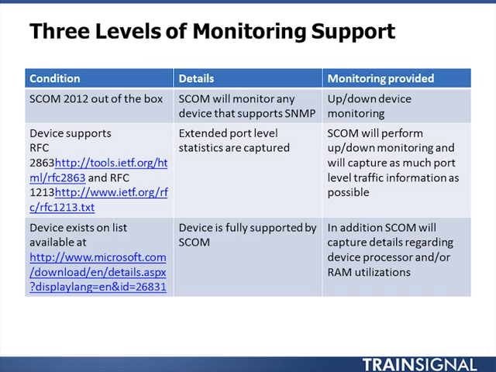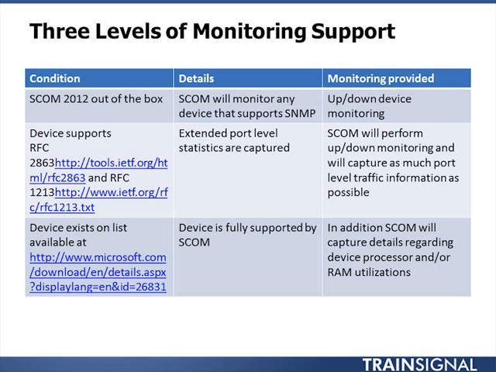There are 3 different levels of monitoring support available in Operations Manager 2012. First of all, right out of the box, Operations Manager will monitor any device that supports SNMP in an up-down mode. If the device supports what's called RFC 2863 and RFC 1213, extended port level statistics are captured.